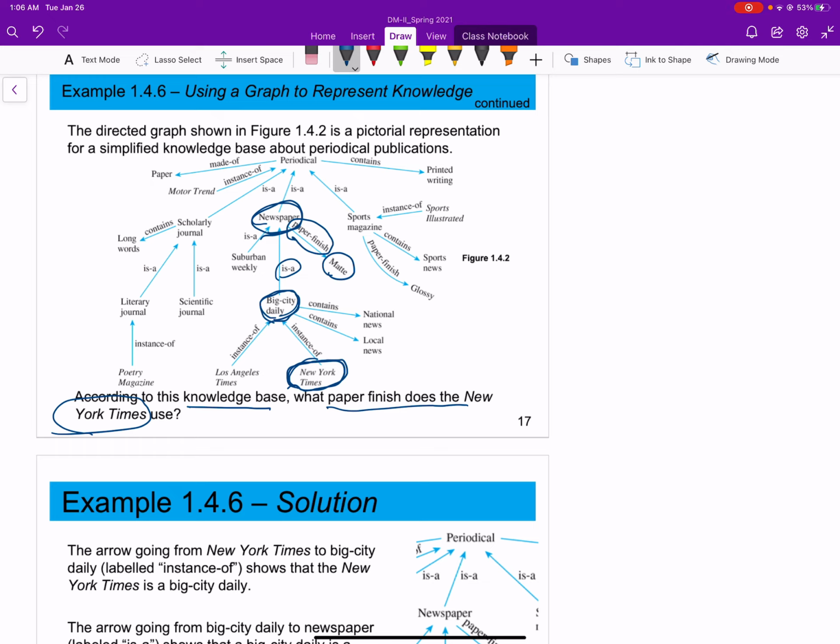Okay, so that's how you move. Let me mark it. You start from here, New York Times, and then it's instance of Big City Daily, and then is a newspaper. Paper finish is matte.